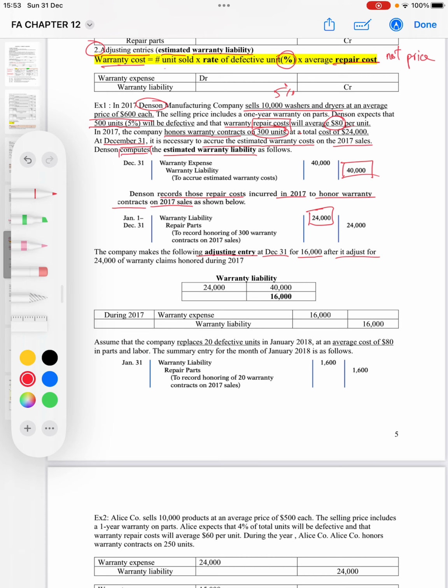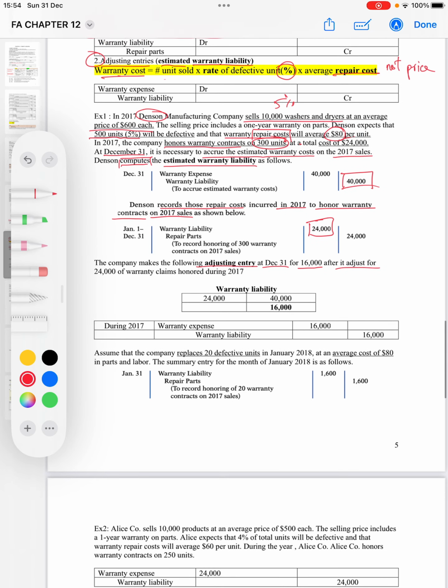So when you subtract this amount, you will get the outstanding amount of 16,000, which means that you don't have to honor warranty contracts on this cost. This is the part of posting to estimate the balance of warranty liability. And this is the adjusting entry.